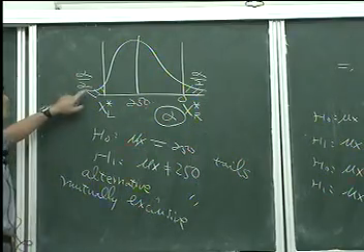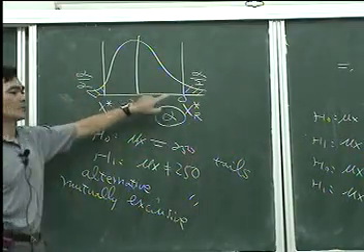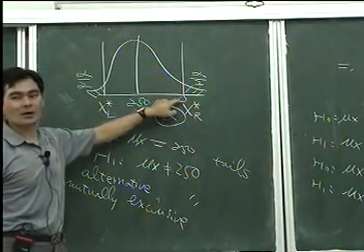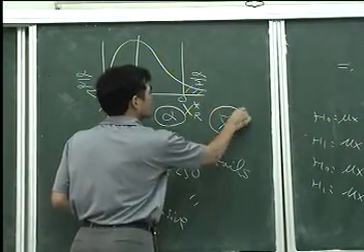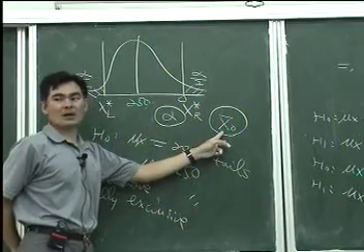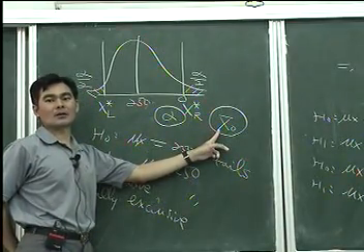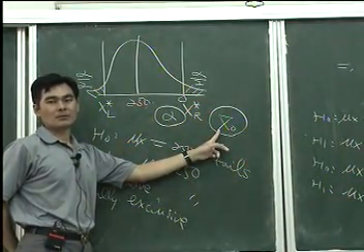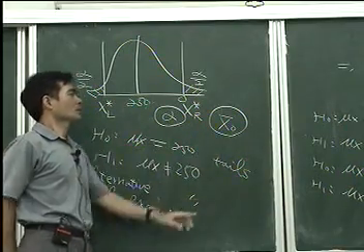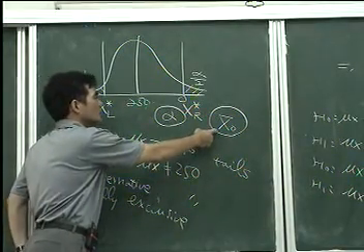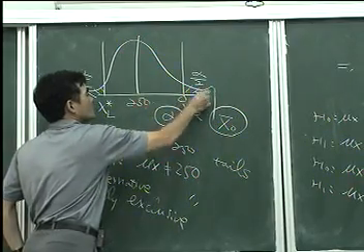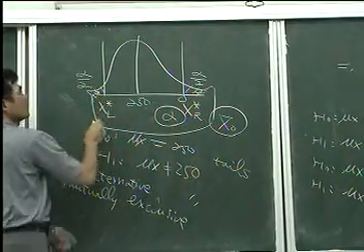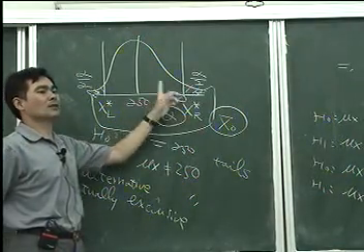Because you have tried sampling, you get a sample mean from the sample. If this value is in this region, or if the value is here, what does that mean?